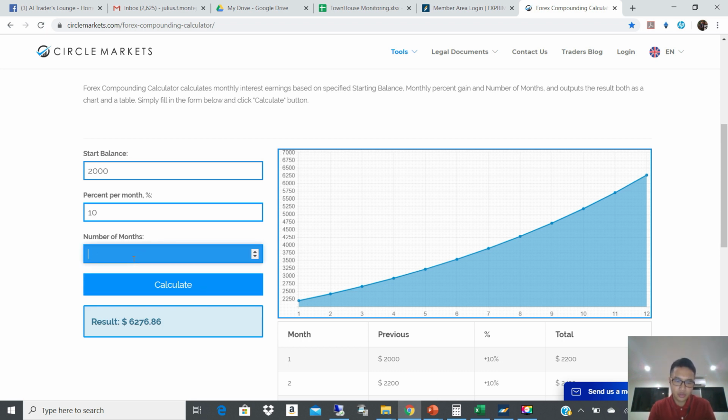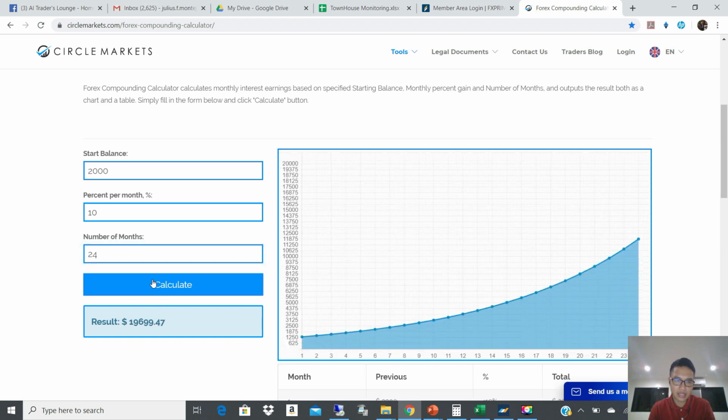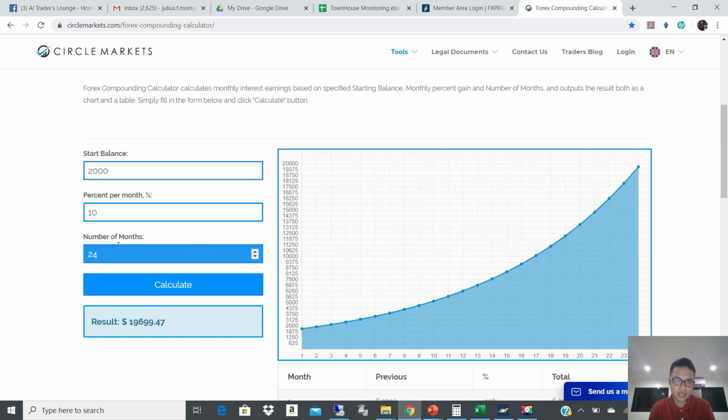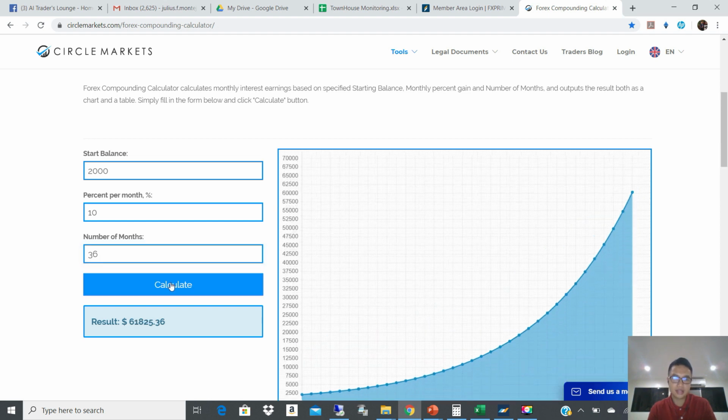In 2 years, it could grow as much as 19,699. In 3 years, it could grow as much as 61,825.36 USD. This is the thing that I want to show you. You must trade conservatively. We are in it for the long run.